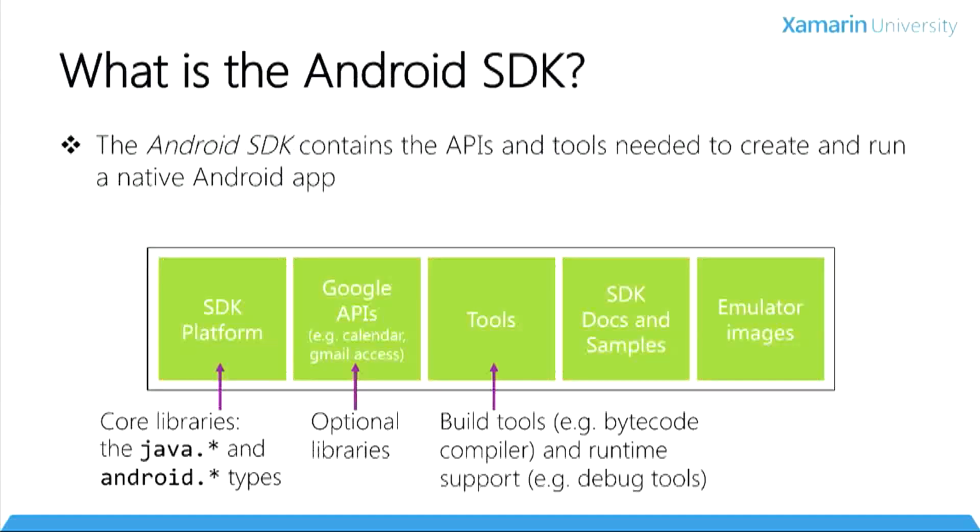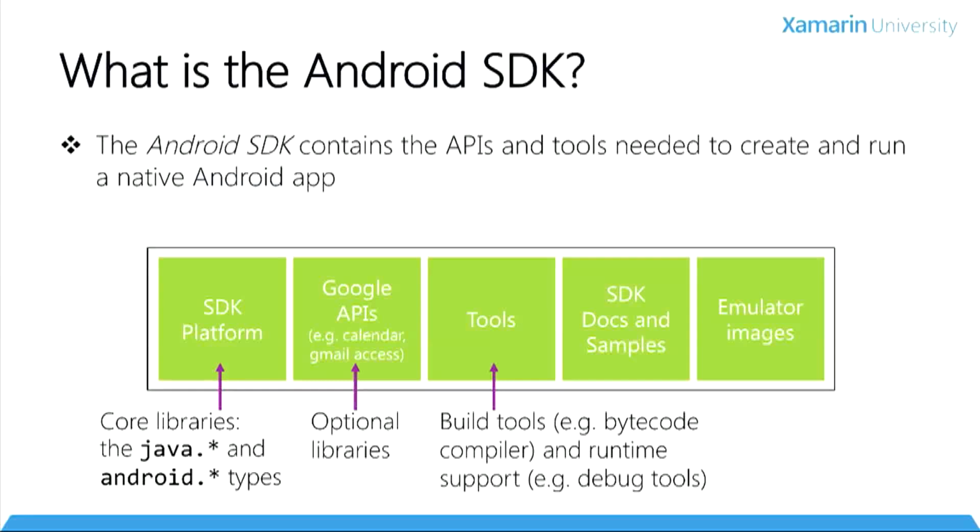Then there's the Android SDK. And here you need both the SDK platform and the tools. Those are sort of the 2 core pieces. There are some other libraries like the Google APIs, but those are optional, and we're going to focus on the required stuff. So it's the SDK platform, which is the core set of APIs or libraries.